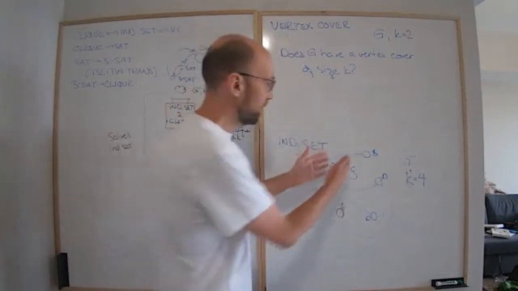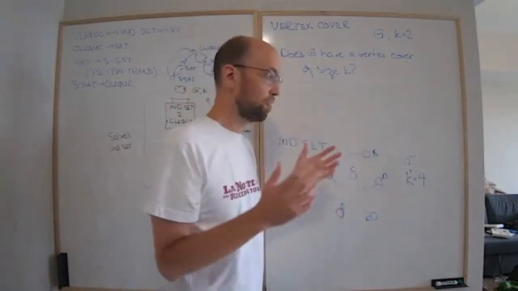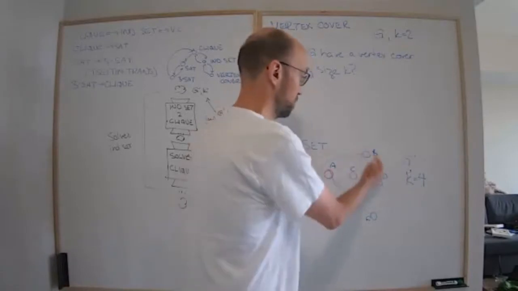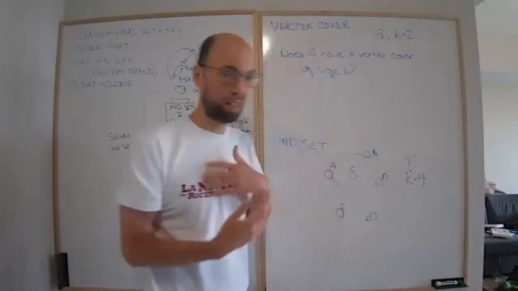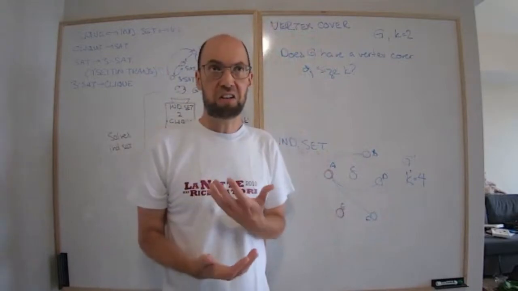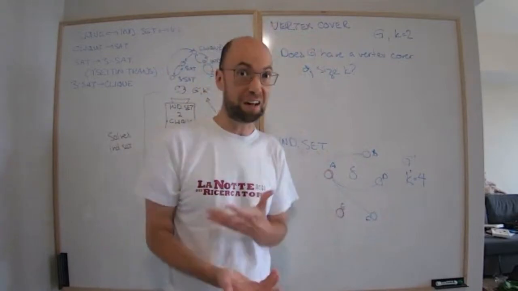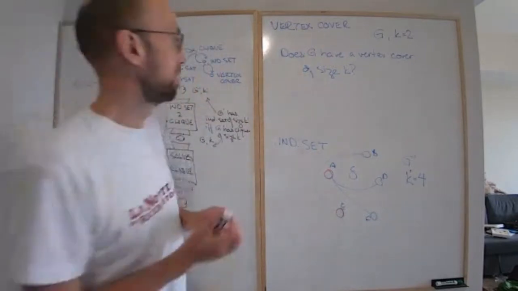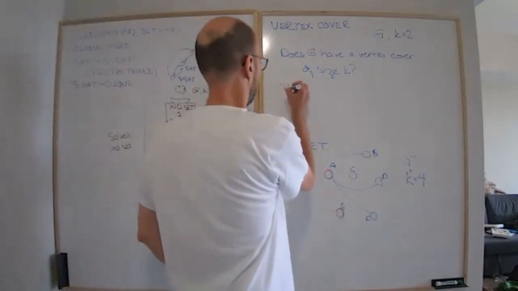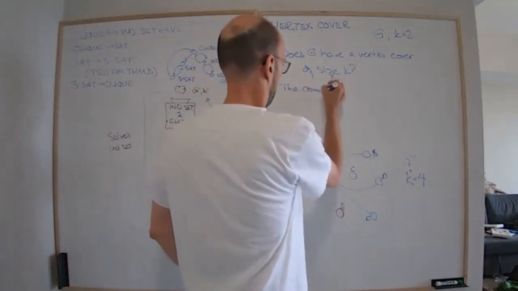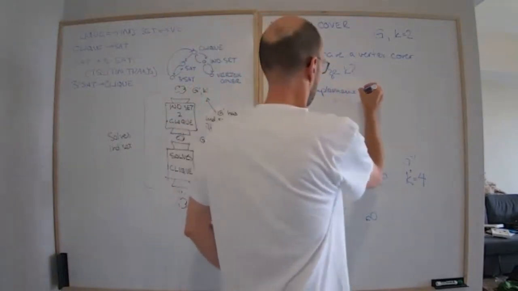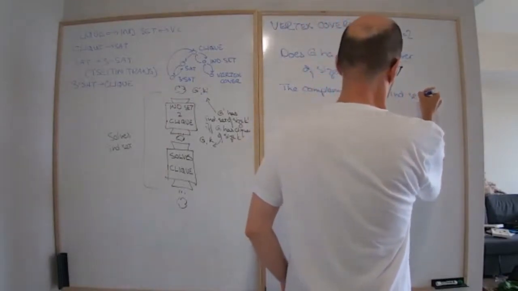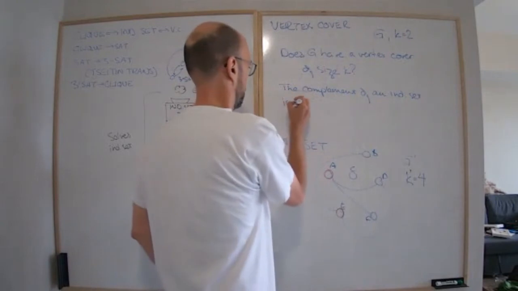Because the only edges that wouldn't touch any of the vertices in the complement would have to be between vertices in the independent set, and they're an independent set, so those edges aren't there. So the complement of an independent set is a vertex cover.